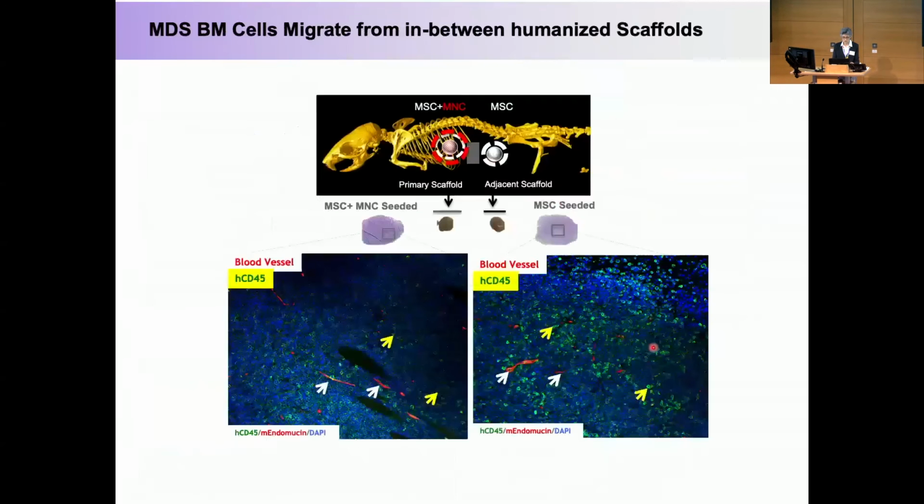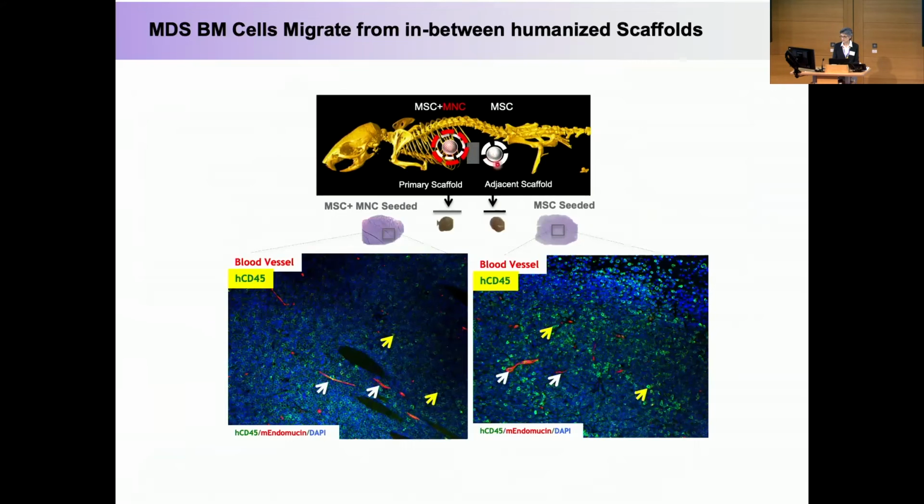So the question was, is it because these MDS cells have a problem migrating out of the scaffold and they are stuck in the scaffold? For that, he used a trick to transplant an adjacent scaffold with only the mesenchymal stromal cells seeded, but not the MDS.